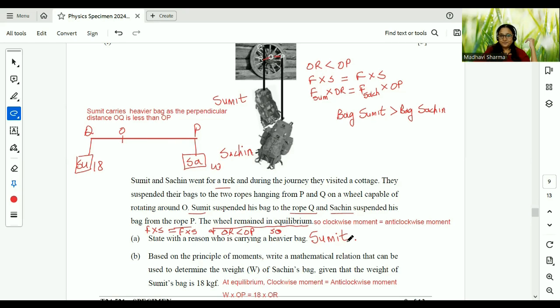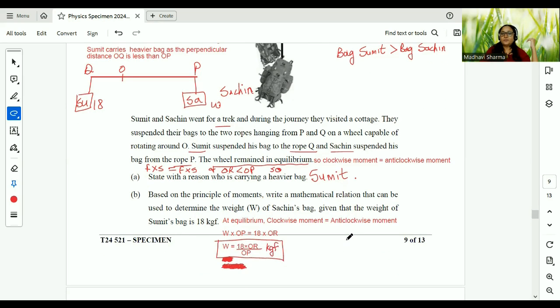Based on the principle of moments, write a mathematical relation that can be used to determine the weight of Sachin's bag, given that the weight of Sumit's bag is 18. So if this is 18 and Sachin's is W, so it will be what? At equilibrium, clockwise moment is equal to anti-clockwise moment. So W into OP is equal to 18 into OQ.